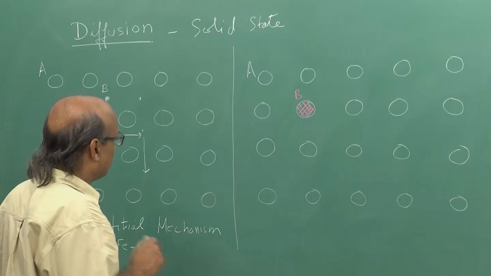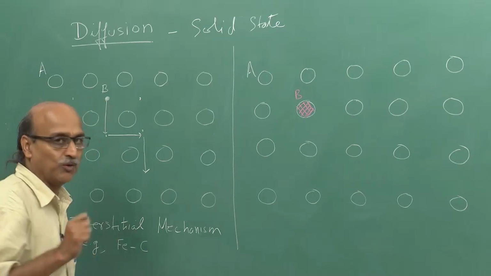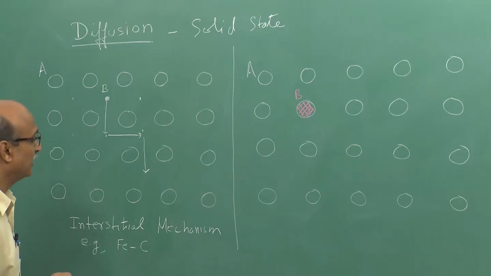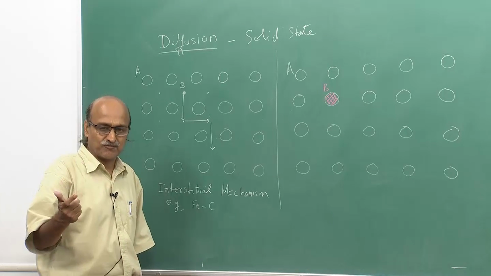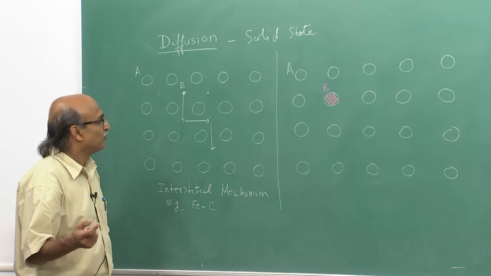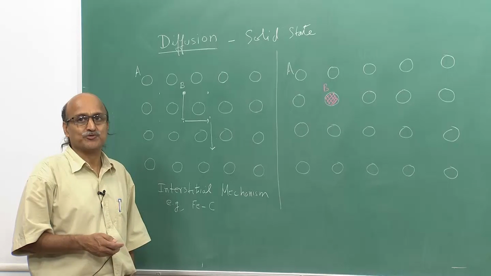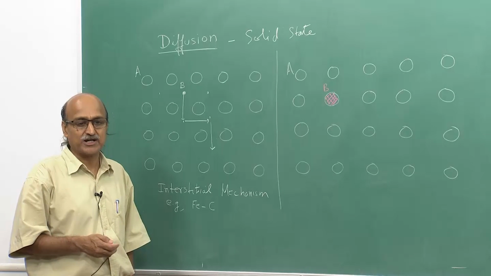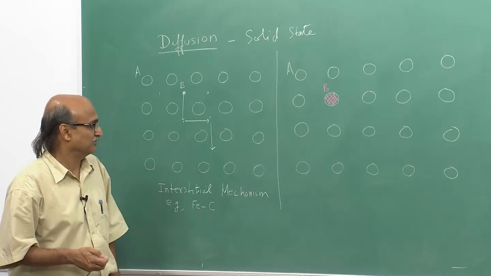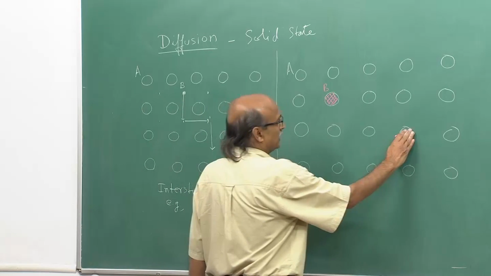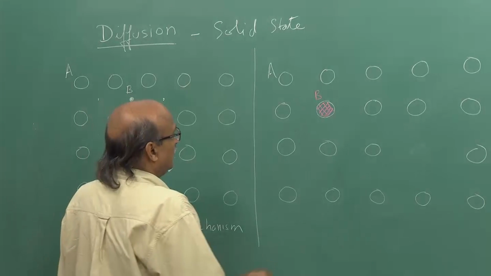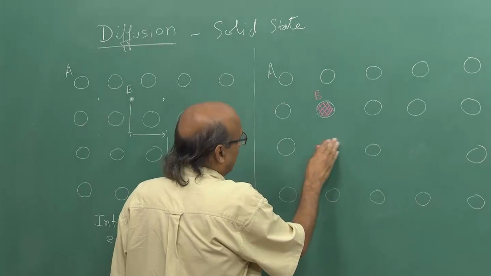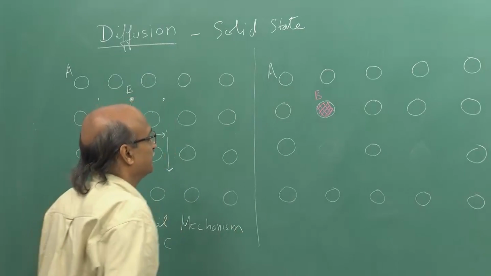However, what can happen is the following. We all know that in the solid state, all structures at finite temperatures would have some atoms missing. So, they will have some vacant positions, or what are called vacancies. So, for example, there can be an atom missing here, and there could be an atom missing here.